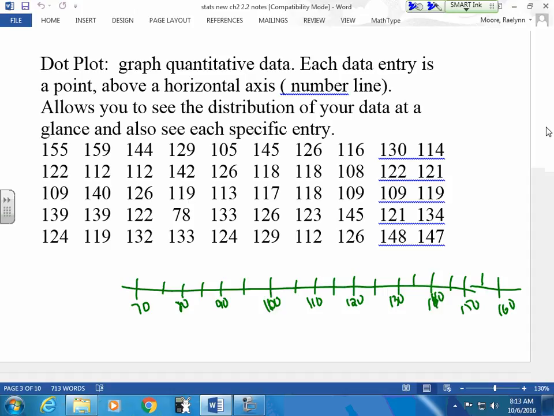There's no gaps in this. You're going to plot your points. Again, you have to pay attention to everything getting lined up. So kind of imagine that you have a line above this number line to start with. So my 155 is going to go over here with the dot.